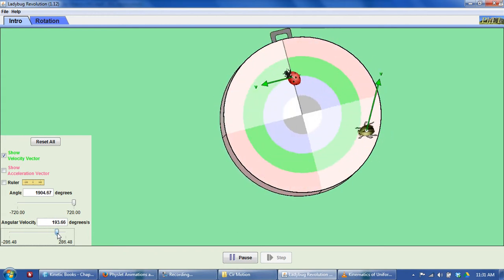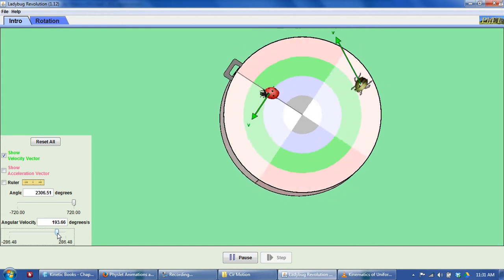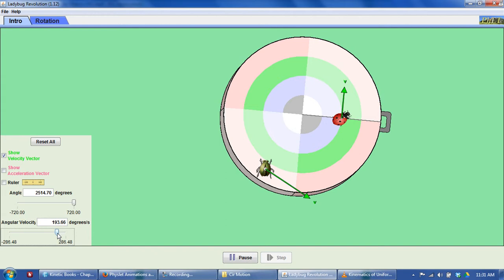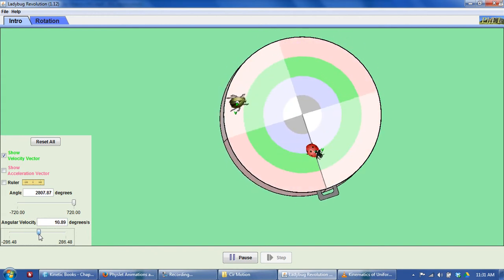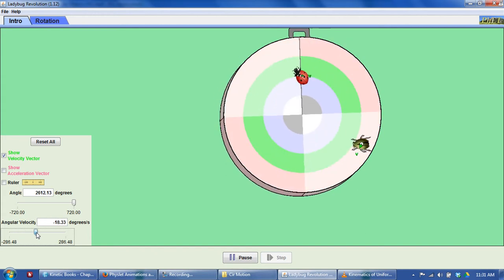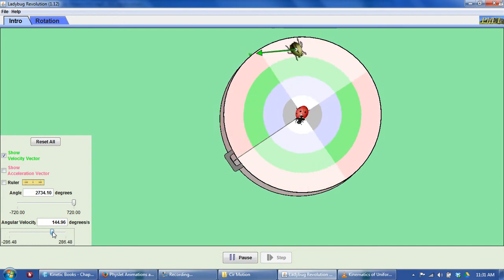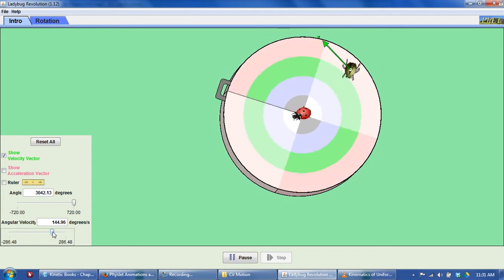If we speed it up even more and reduce that time, reduce that period, increase that frequency, we can see that they increase even more. If we slow it down again and even reverse it, notice the velocities reverse. Alright? If I move the ladybug directly to the center, and now I move the turntable, notice she has no velocity because that center of mass is right on the center.